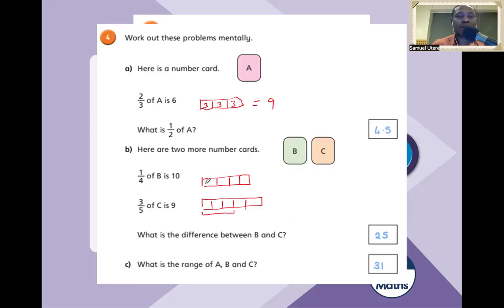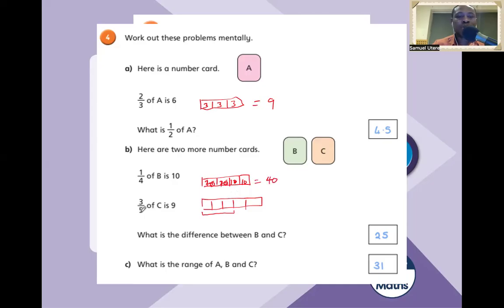So half of 10 is 5 and half of 5 is 2.5. No, sorry. 1/4 of B is 10. So sorry, each of these is 10. That's my mistake. So because you've been told 1/4 of B is 10, one lot of this is 10. So it means the whole lot is 40. So the whole lot of B is 40.